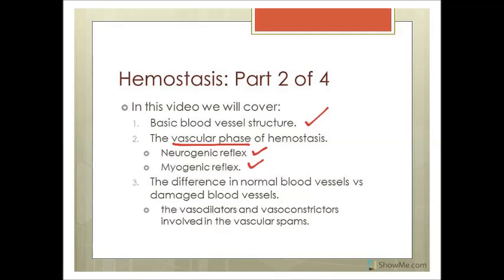And then we're going to look at how blood vessels are different when they are normal versus when they're damaged, and see what goes on between these two different vessels and how they might behave differently, which will be looking at that neurogenic myogenic reflex and what happens at the signaling that goes on.